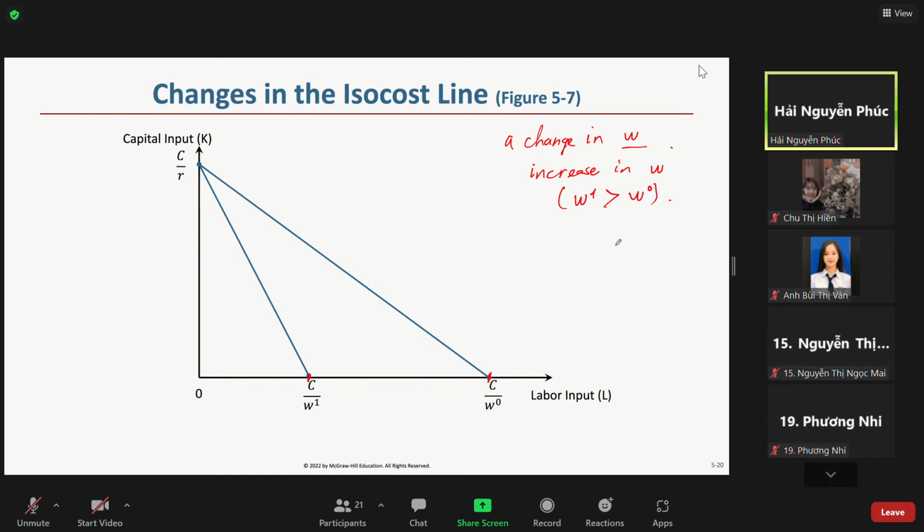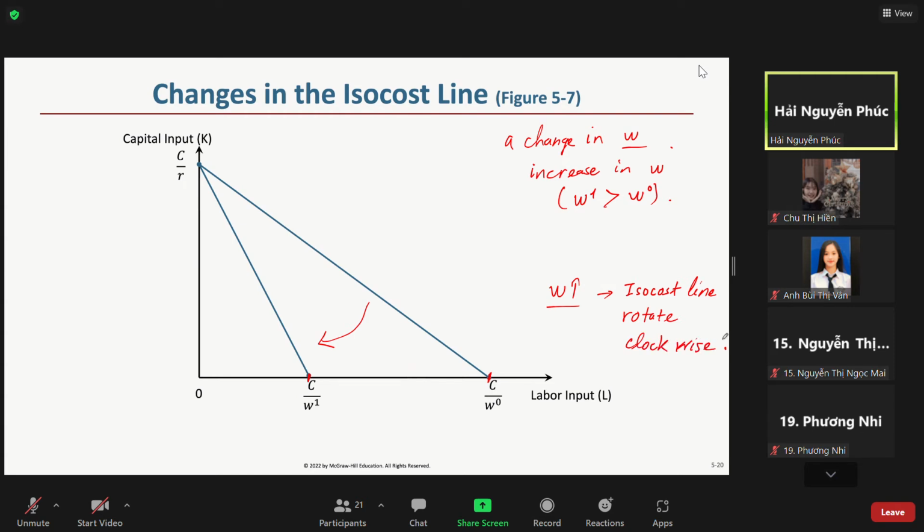So what did we observe? When the wage increases, the isocost line will rotate, let's say clockwise.